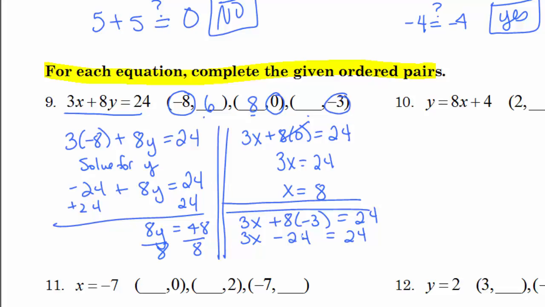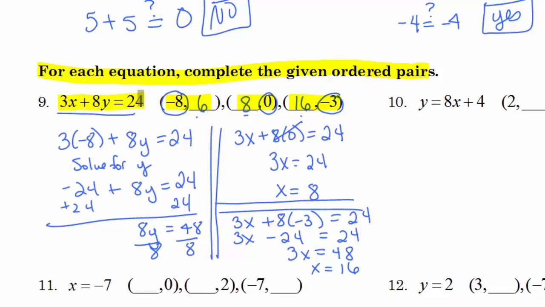I'm going to add 24 to both sides, and I'm going to get 48. And when I divide by 3, I'm going to squeeze it in here, I'm going to get 16. So I have 3 ordered pairs, negative 8, 6; 8, 0; and 16, negative 3. Those are 3 solutions to this equation, or those are 3 points on that line.